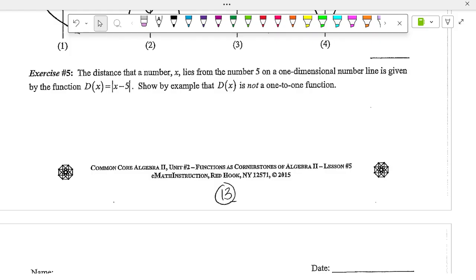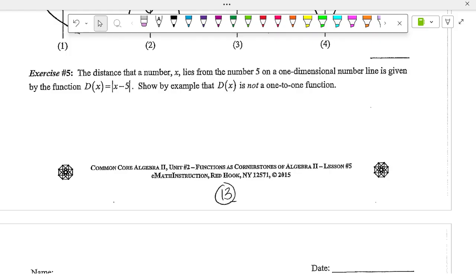So just guess and check some numbers. Maybe pick one number, like say 6. See what 6 minus 5 is, and then ask yourself, how do I get the negative of this number? What number do I need to plug in for x now? That's how I would approach it.